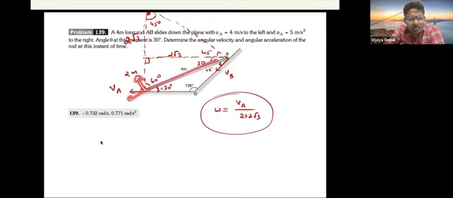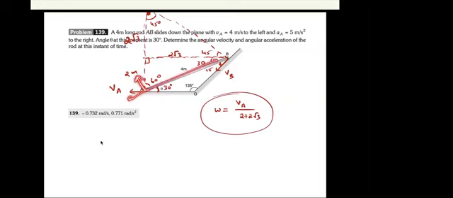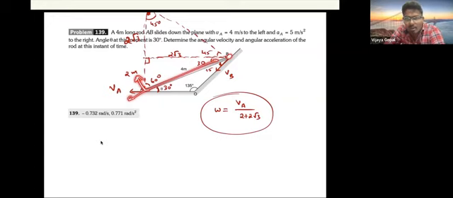That is what you have assumed. We will also resolve that VB, and then add those. That's correct, but it will be relatively lengthy. For sure you'll get the answer.